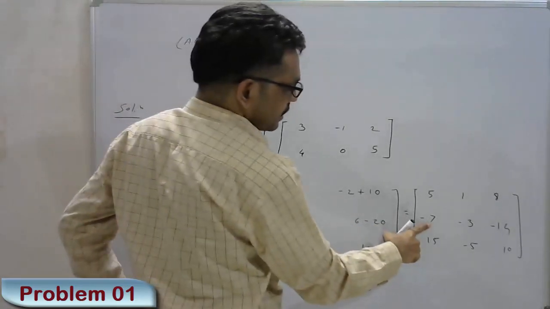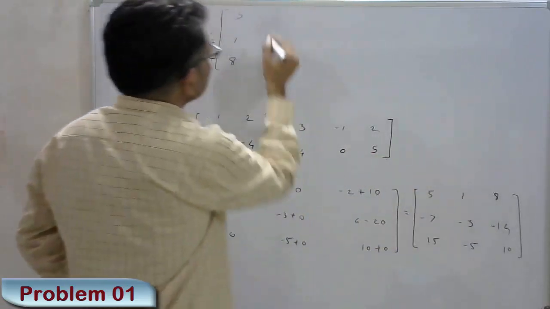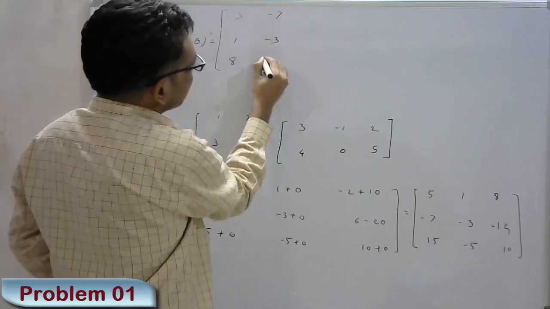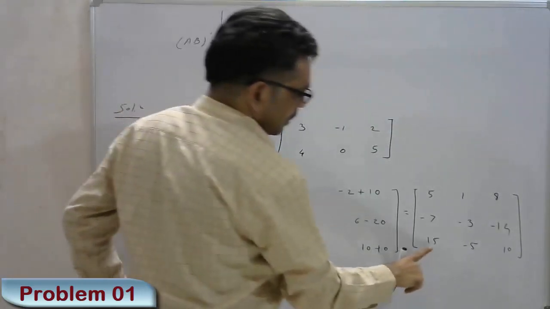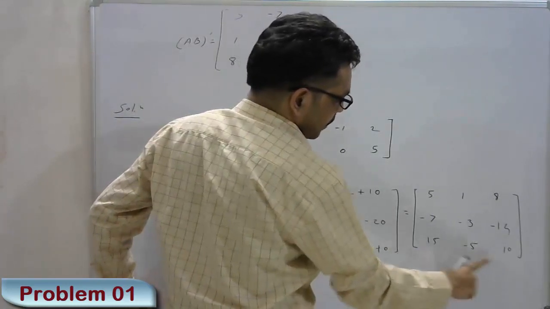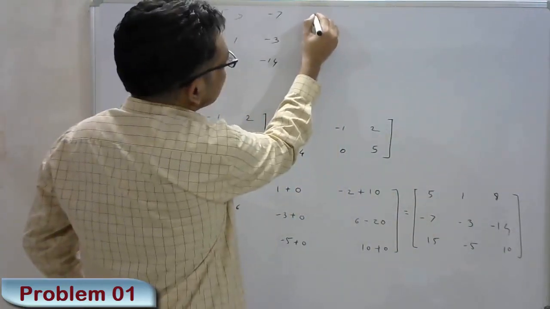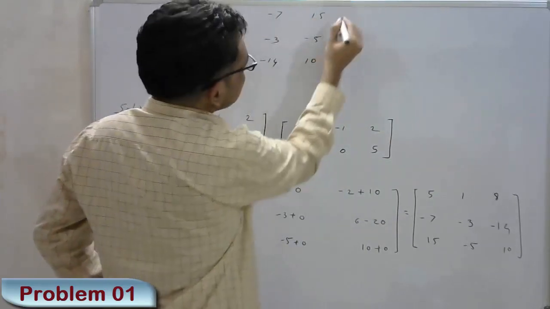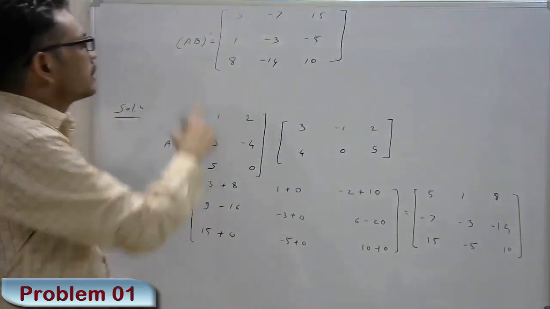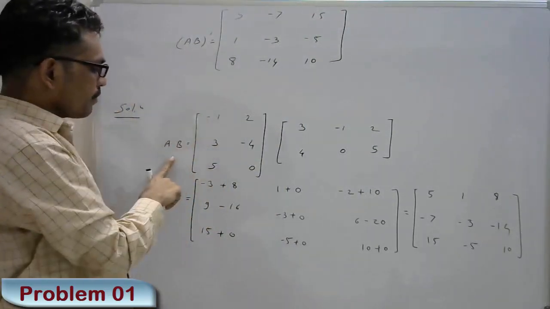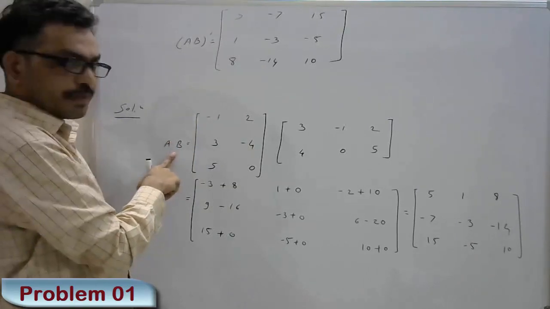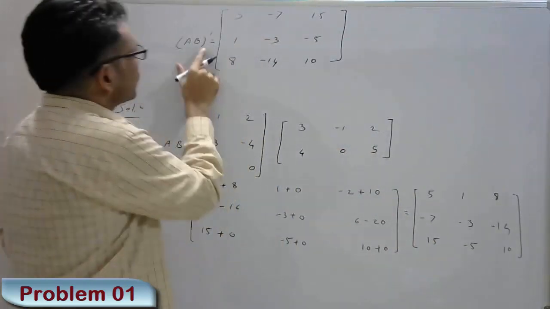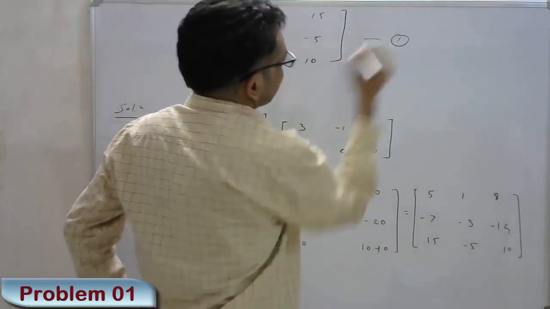The second row, minus 7, minus 3, minus 14, is interchanged to a column, that is minus 7, minus 3 and minus 14. The third row, 15, minus 5 and 10, is interchanged to a column. That is, the transpose of AB is obtained from this matrix AB by interchanging its rows and columns. Okay, say equation number 1.